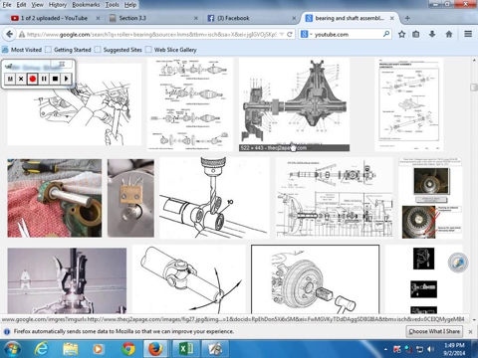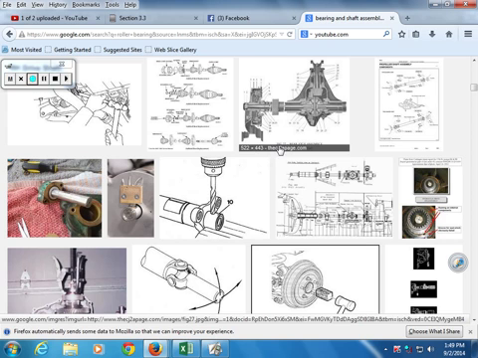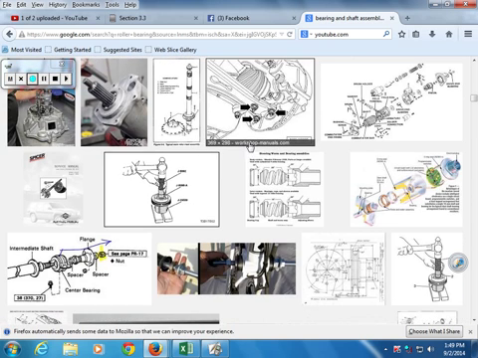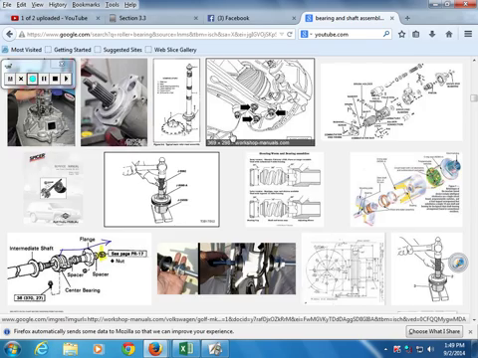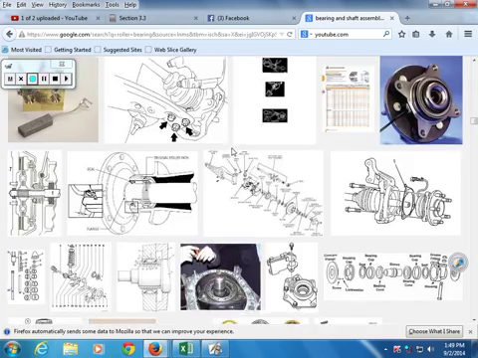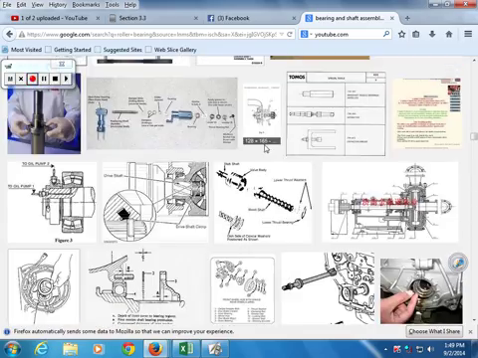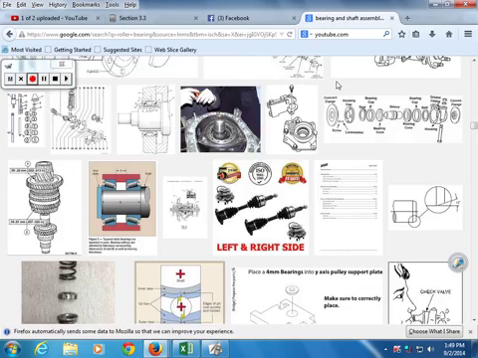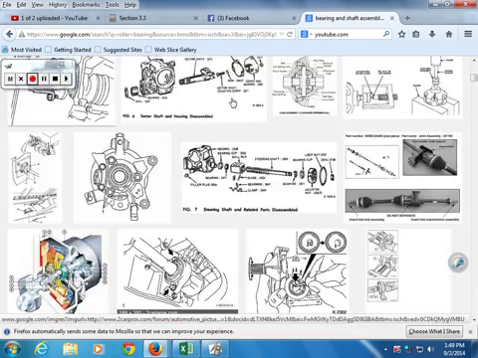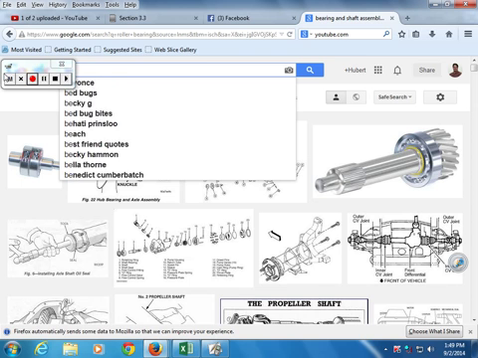We'll see if I can find a picture where somebody wallered out one. Give me a second. I'll find something. Bearing damage.